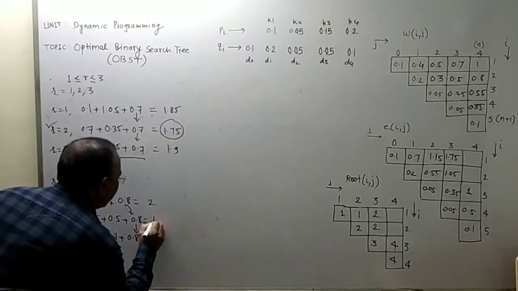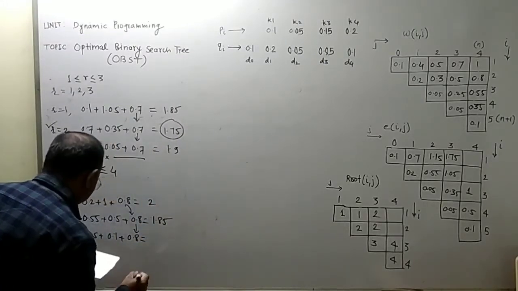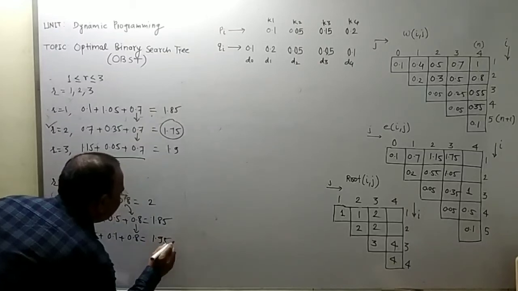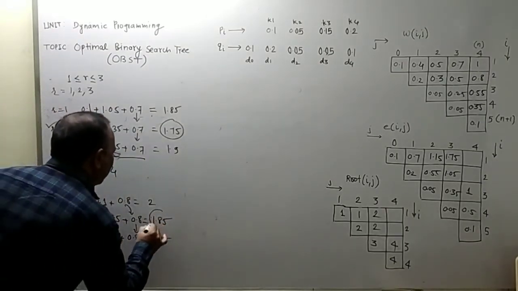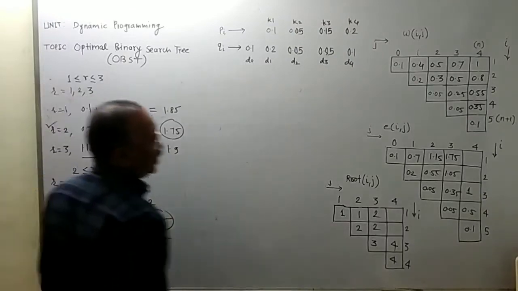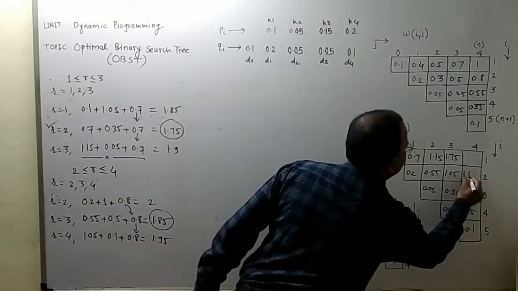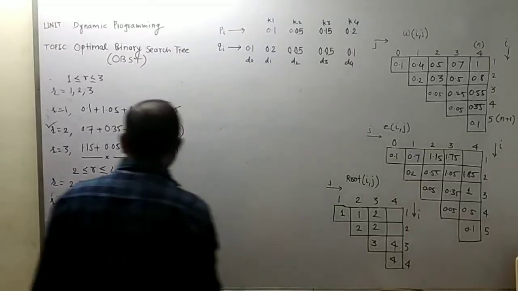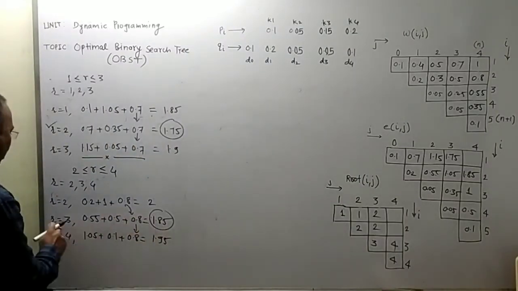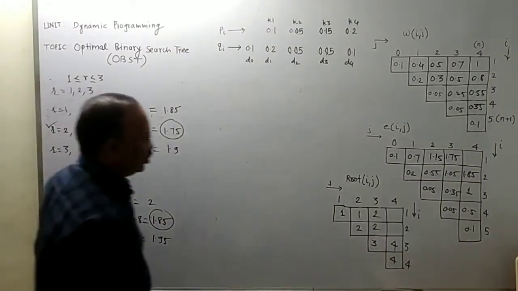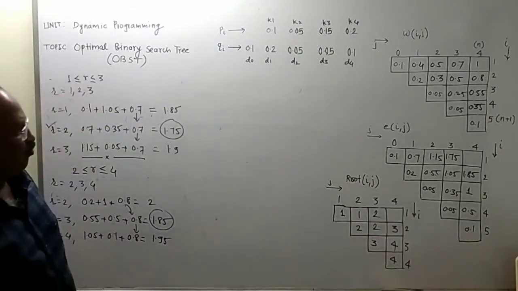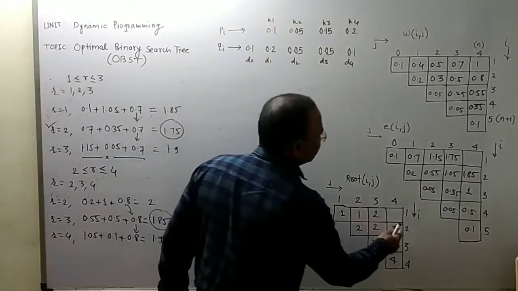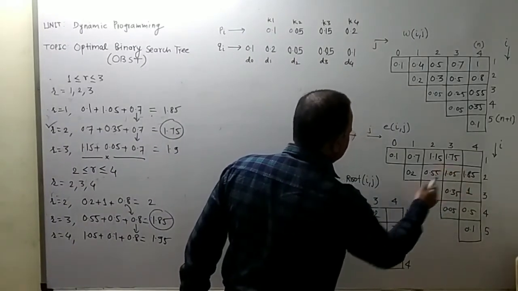The values are 1.85, 1.95. So out of this, the minimum is 1.85. Write here 1.85. We have got 1.85 for r is equal to 3. So write here 3. So in this way we have completed these cells in the E table as well as the root table.